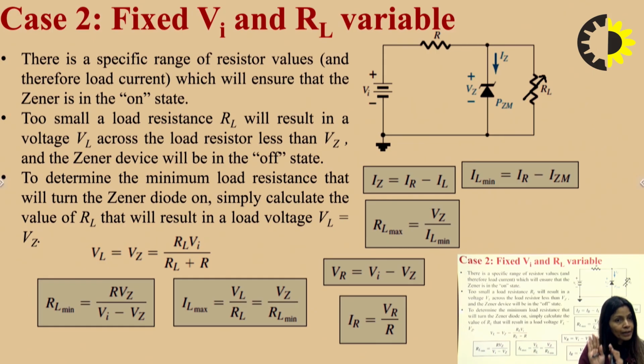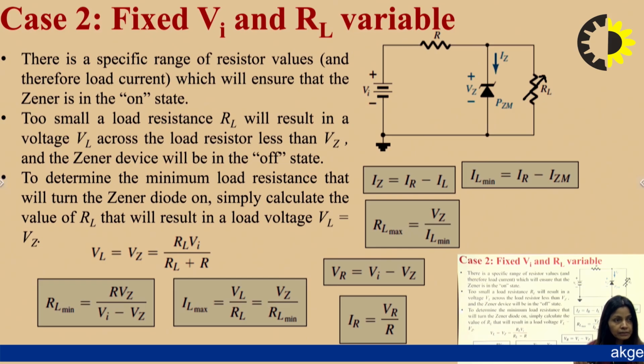Before starting the numerical, you need to replace the Zener diode with a battery of VZ without any hesitation, and then you can proceed with Kirchhoff's voltage law and Kirchhoff's current law.